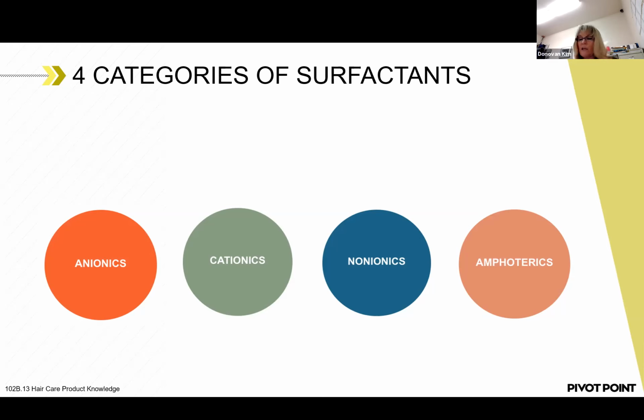So they have these different categories of surfactants. You have your anionics, your cationics, your non-ionics, and your amphoterics. Okay.